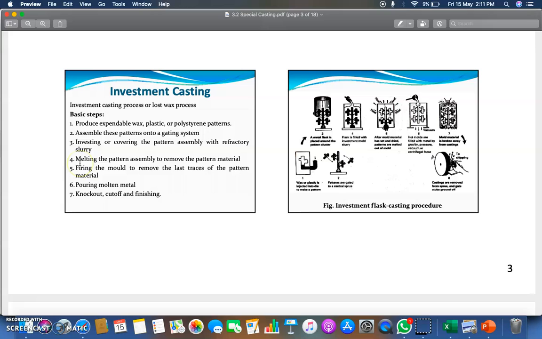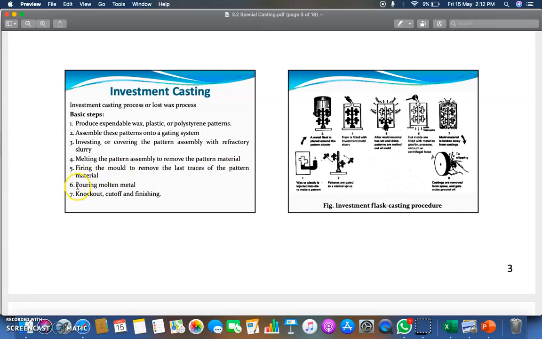In the fourth step, you have to melt the pattern assembly, means heat it, so that the pattern material is removed. Then firing the mold removes the last traces of pattern material.